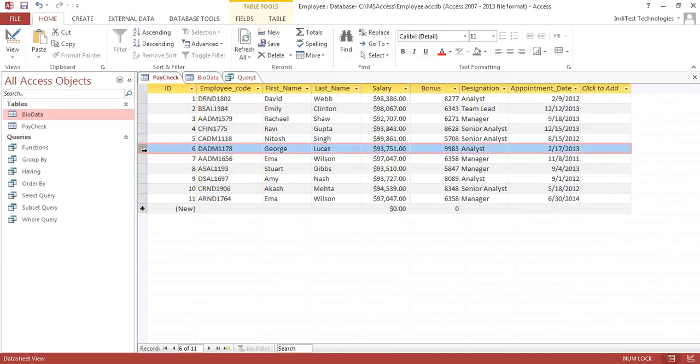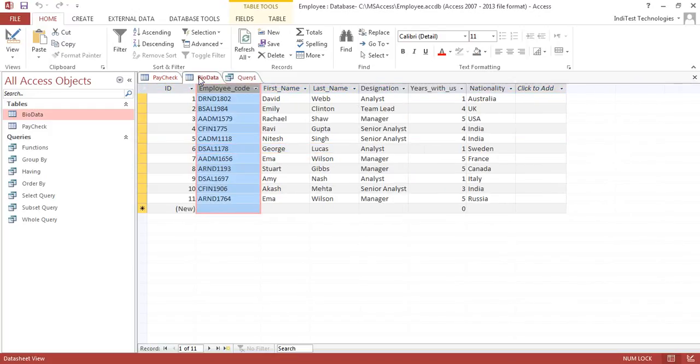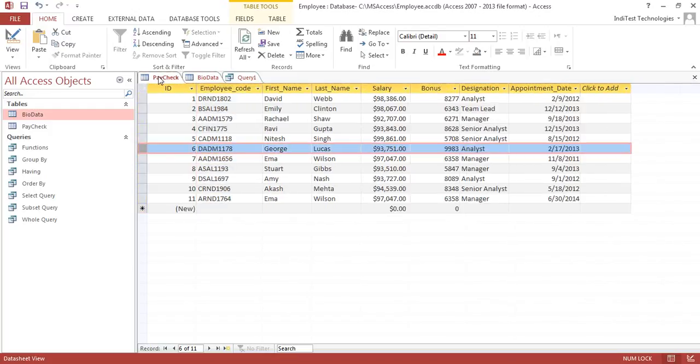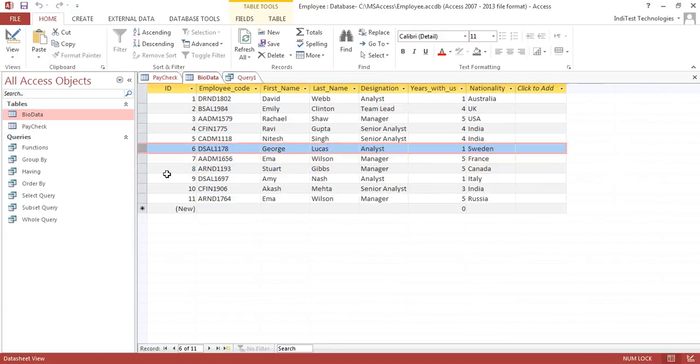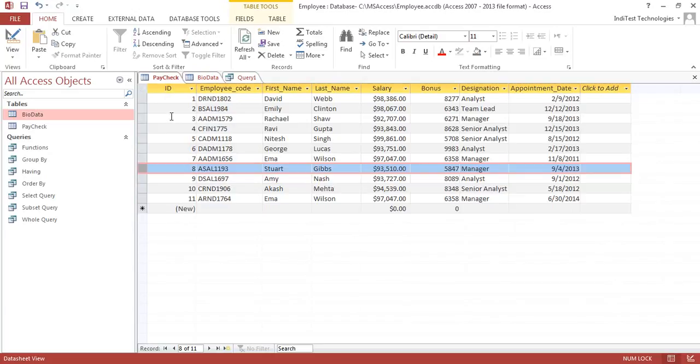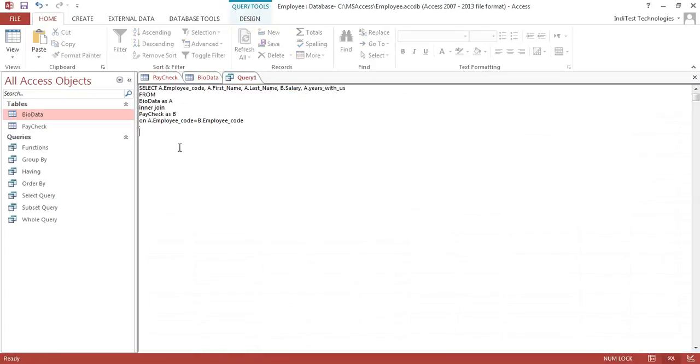As you can see, in ID number 6 we have different employee codes, and also for row 8 we have a different employee code, and for row 10 also we have a different employee code. So what we can expect is that ID numbers 6, 8 and 10 won't really be returned, and all of the other rows which have similar employee codes in both of the data sets are going to be returned. So let's check our assumption.